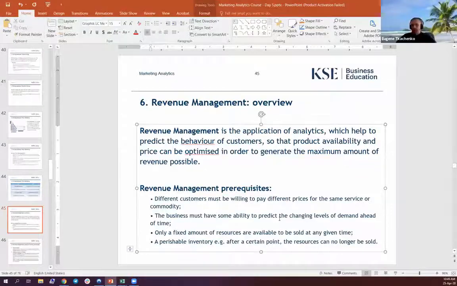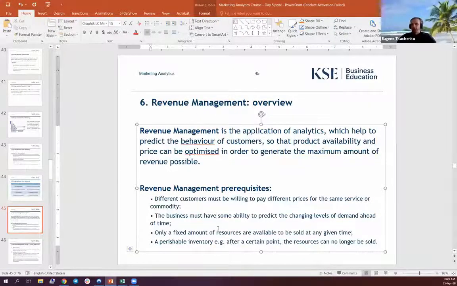That means that communication with the customers and the prospects is an ongoing thing. Only a fixed amount of resources is available to be sold at any given time. So it all comes down to inventories at this point. You cannot sell something which doesn't exist, but at the same time, you need to plan all your resources.